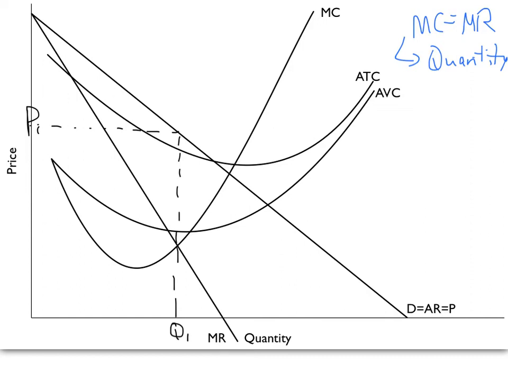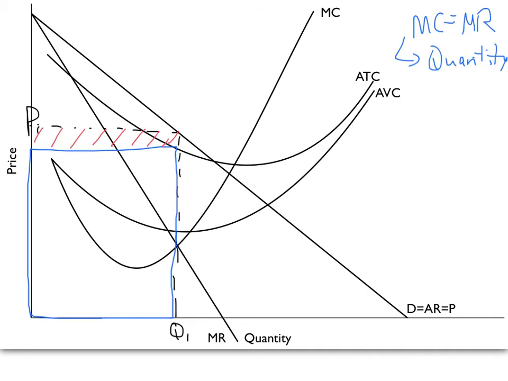So if we can find the total cost by multiplying the quantity times the average total cost at that quantity, we will get a new box representing the total cost incurred by the firm in producing the profit maximizing number of goods. Here we can see that the total revenue exceeds the total cost by this much, indicating that this firm is earning an economic profit.